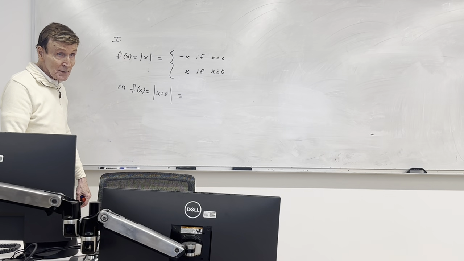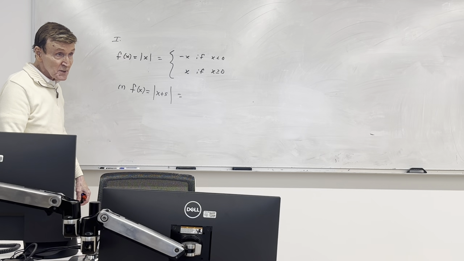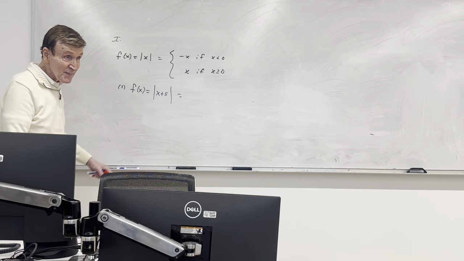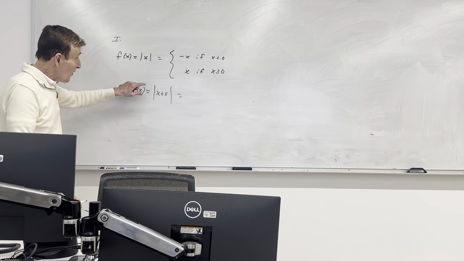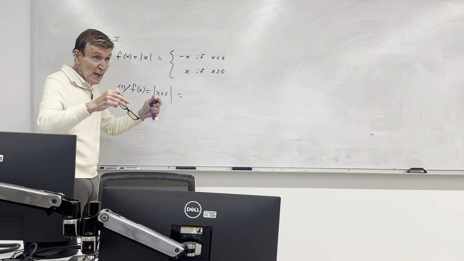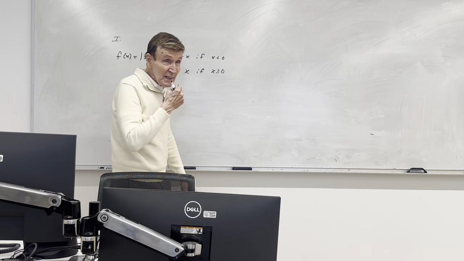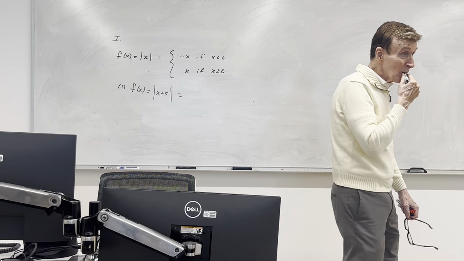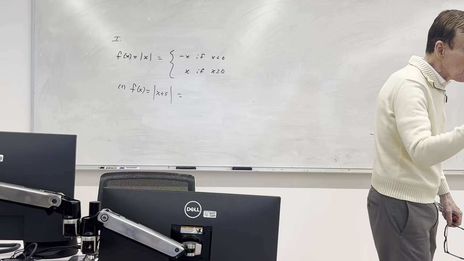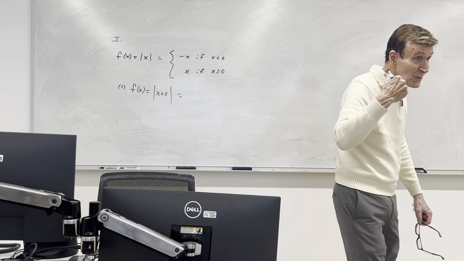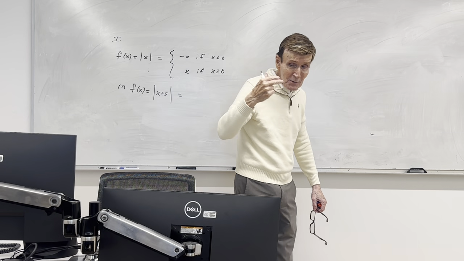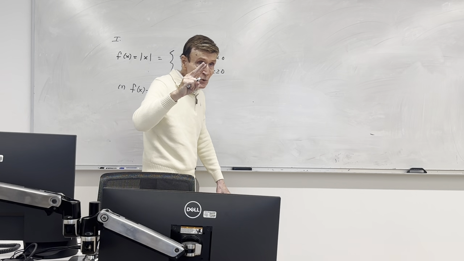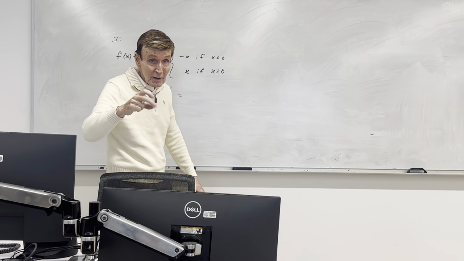I'd like to write this one, because my calc colleagues are saying, we asked them to do something on this, and they were all confused because those absolute value bars, they got confused. We need to rewrite that. Now, can anyone help me, based on what we just did earlier, what might this one look like as a piecewise function, two pieces, which will make the calculus much easier to do?